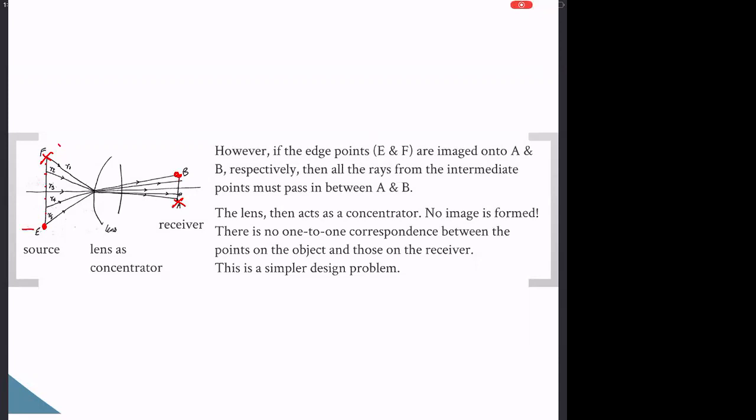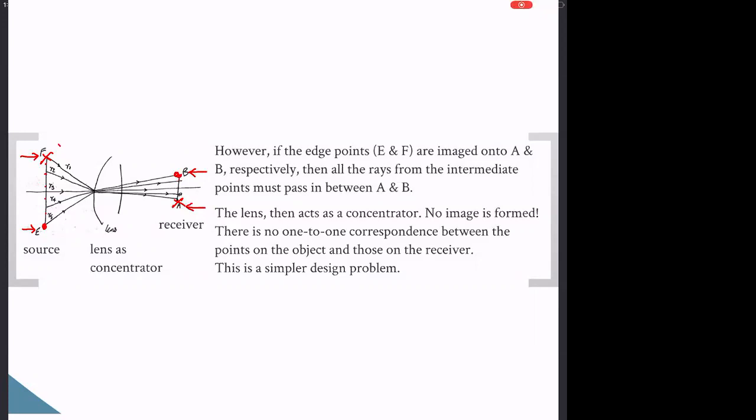So E and F act as bound values, boundaries for all the rays. Now, if you think about it, what has happened is that if my receiver here, AB, is smaller than my source, EF, I have taken light from my source, which is now larger, and shrunk it onto a smaller receiver.